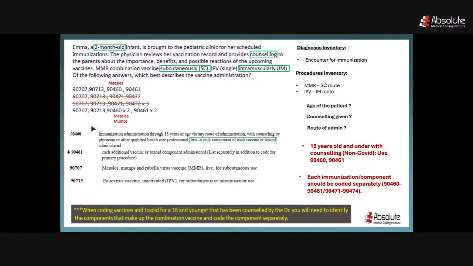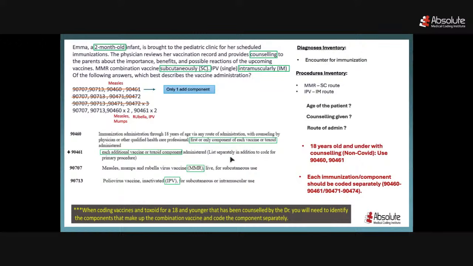So in option D, 90460 times 2 codes for your measles and IPV, which is the first component of both vaccines. And 90461 is coding for the other two components. So that should code for your mumps and rubella. And that makes option D the correct answer. So option A is only coding for one add-on component. We had two add-on components here. And that makes option D the correct answer.